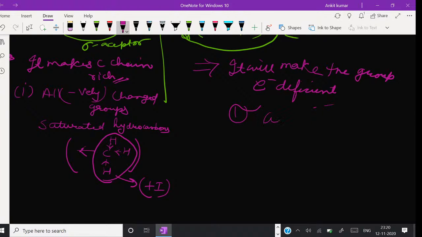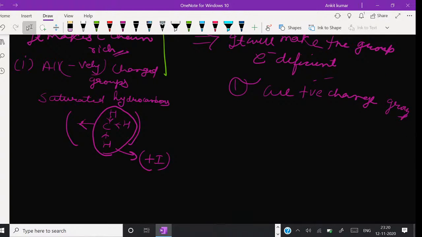First will be all positively charged groups. Positively charged group will have less electrons, so it will try to grab the electron of the other. For example, N+(CH3)3.